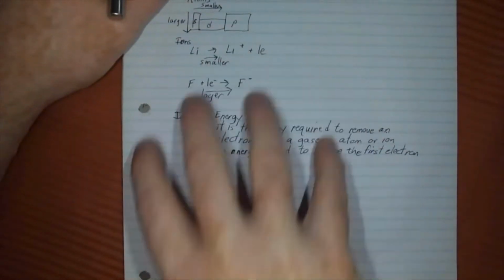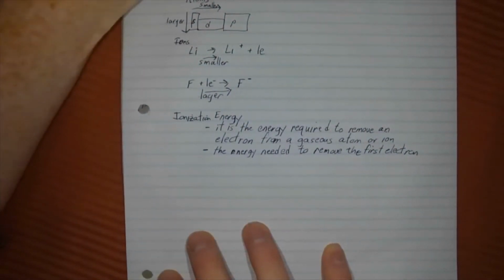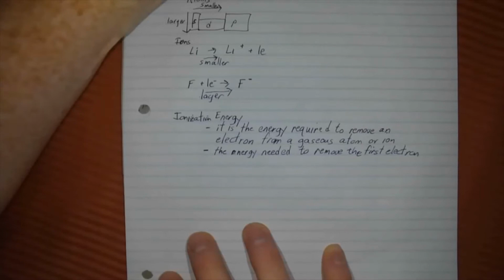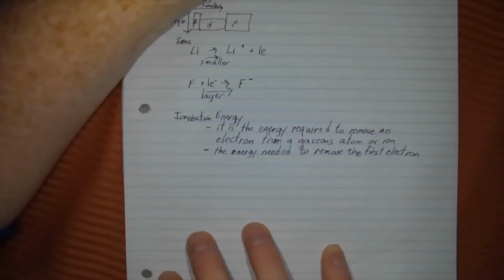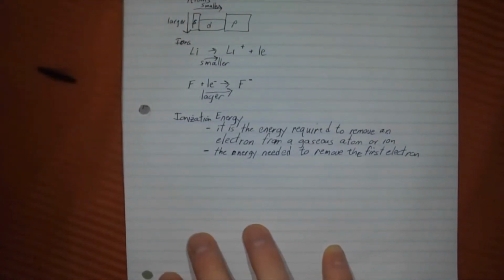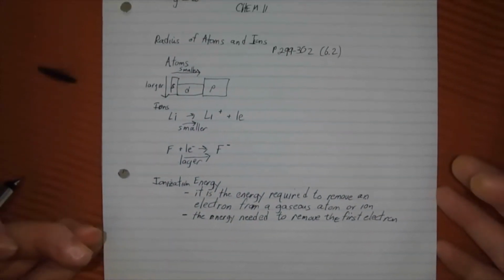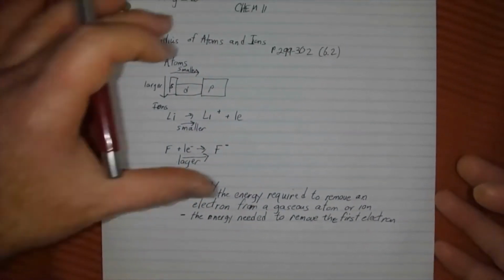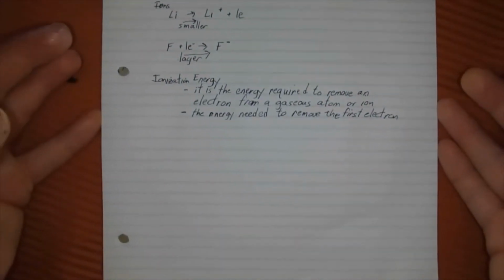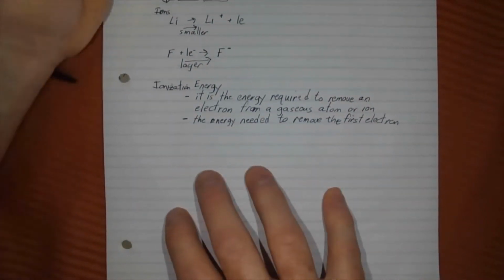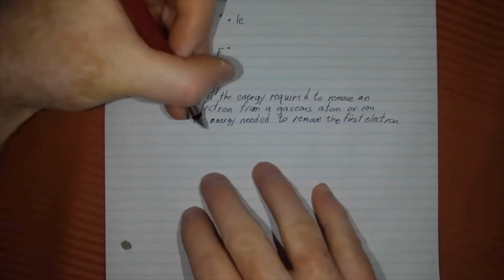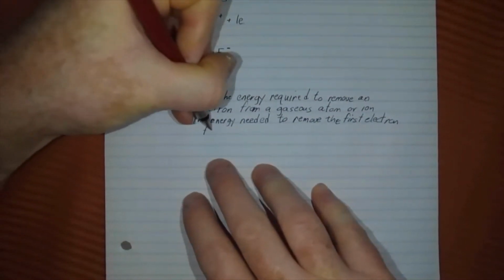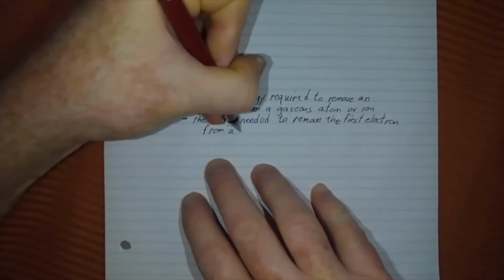Oh, if you were having trouble with the atoms and ions, this is page 299 to 302, and that's section 6.2 in your text. That was the radius of atoms and ions, and now we're taking the ionization energy: the energy needed to remove the first electron from a neutral atom.